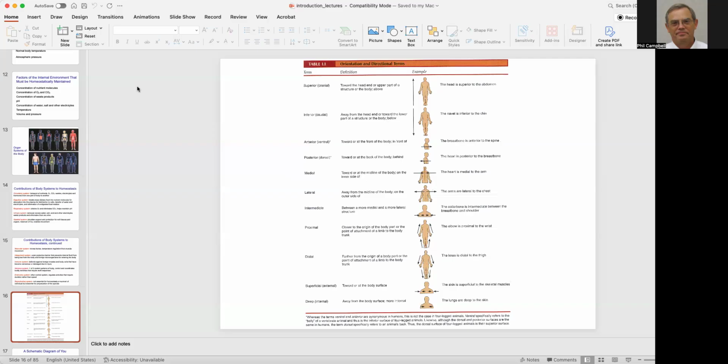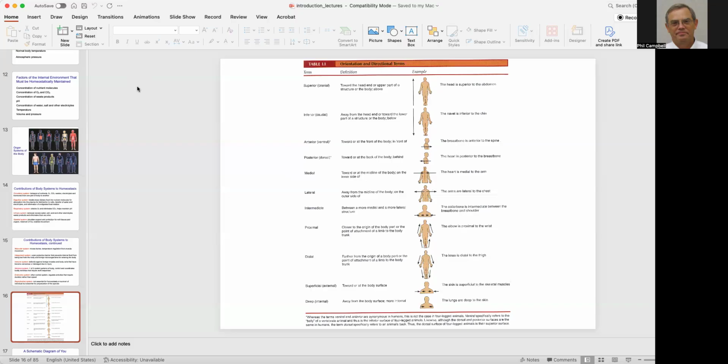This is called the proximal humerus. I don't care what the muscle is, what the bone is. I can say this is the part furthest away from the body, this is the part closest to the body. Distal, proximal, all right? I will use this extensively through the rest of the semester.